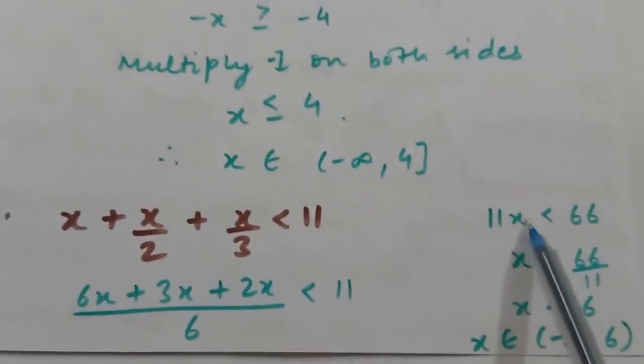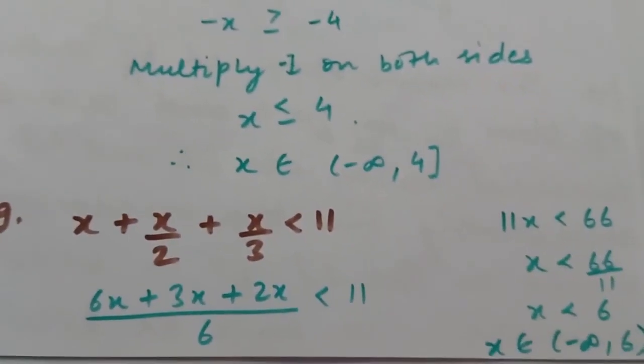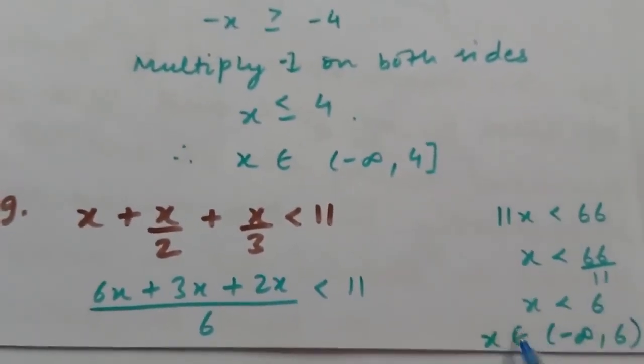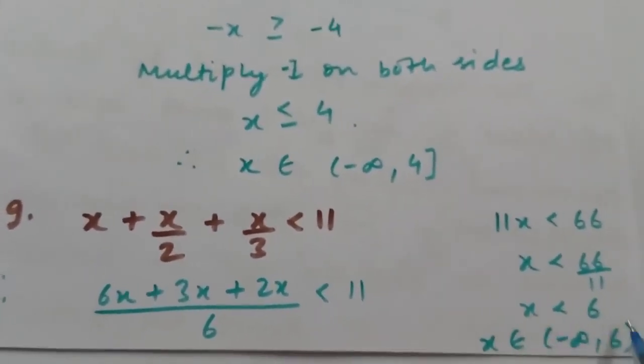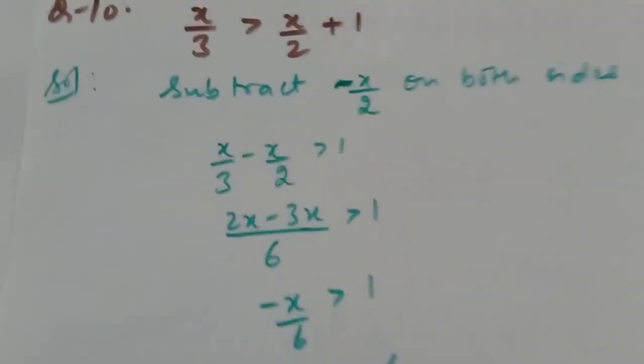Dividing this inequality by 11, the sign will not change as 11 is a positive number. Now x is less than 6, therefore x belongs to (-∞, 6). Equality is not there, so a round bracket will come. Clear?